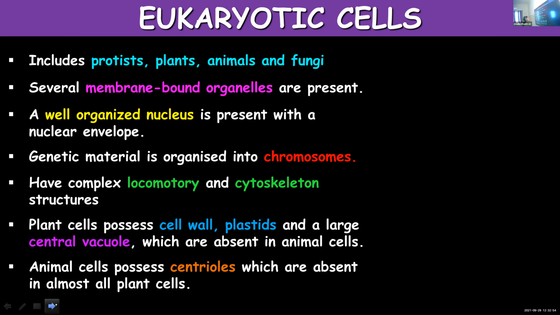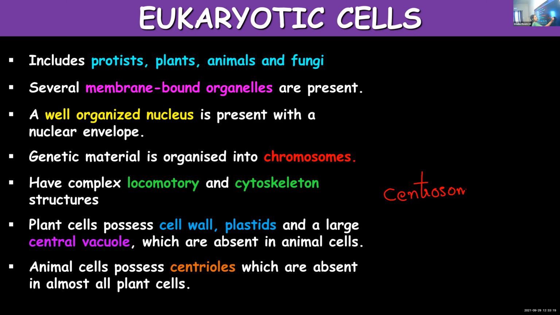Animal cells have centrioles, which are absent in plant cells. I don't think you have heard about centrioles. Centrioles are structures which play a very important role in cell division. In this chapter you're going to learn about an organelle known as the centrosome.